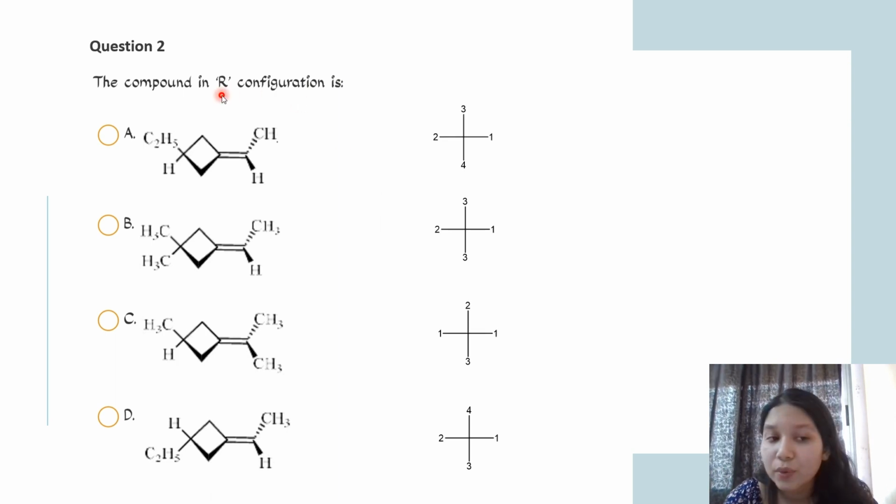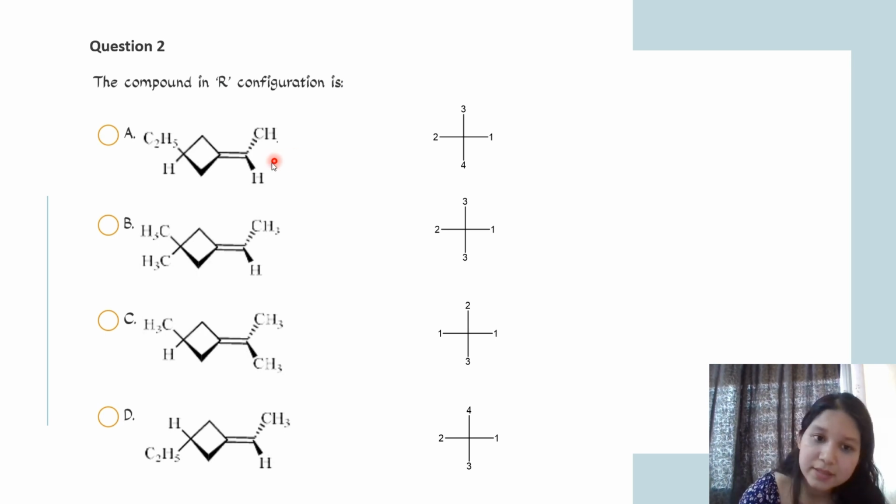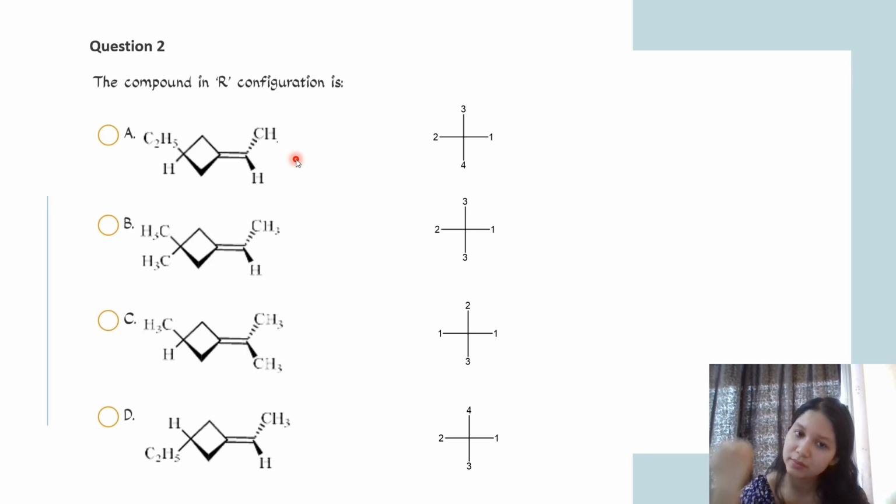If we talk about option A, suppose we are placing our eye in this direction. Then this hydrogen will be coming out of the plane and the methyl will be going below the plane.